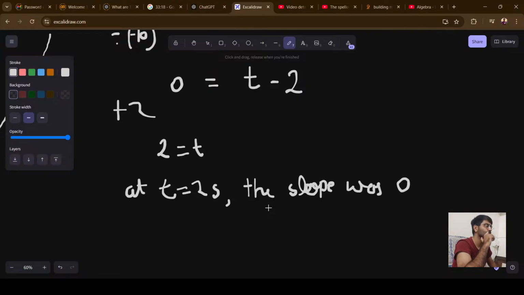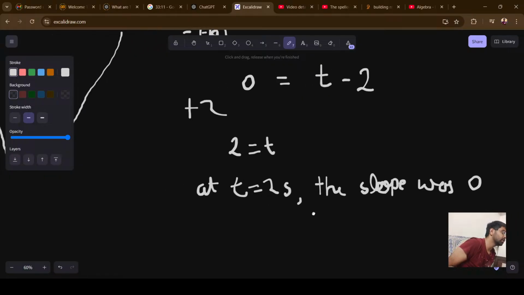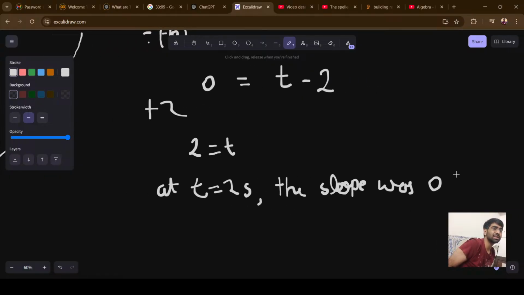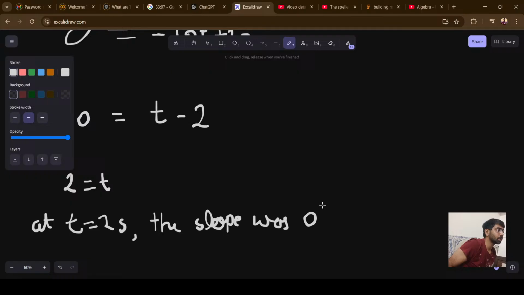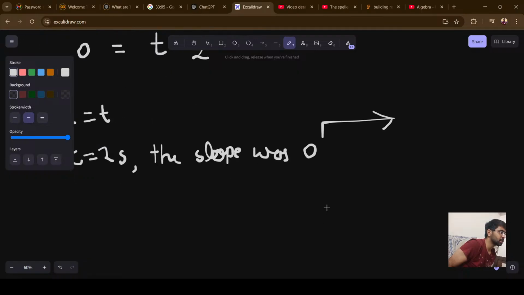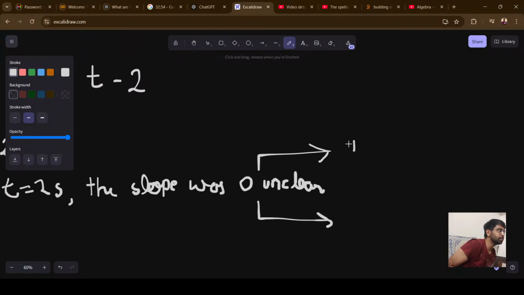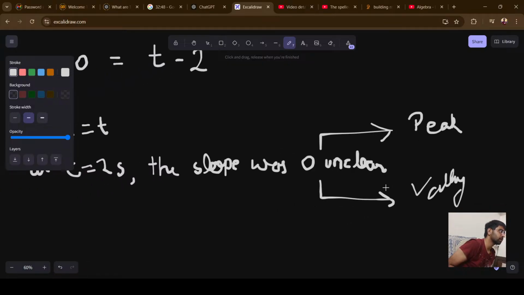But we are still unclear whether it was a peak or a valley, right?